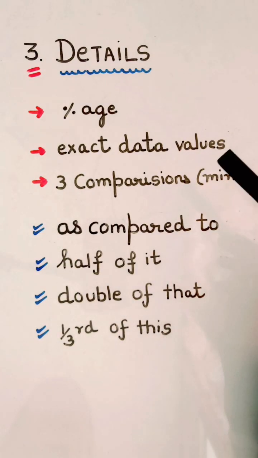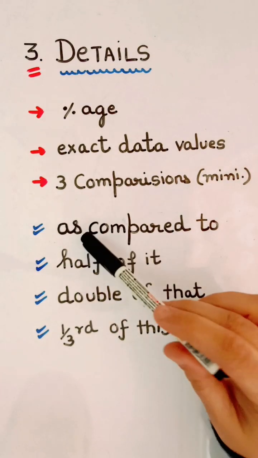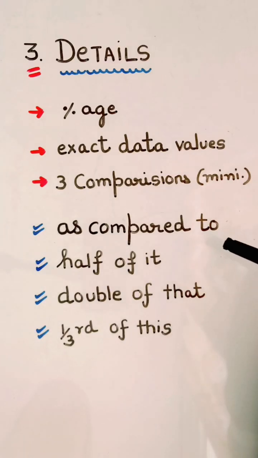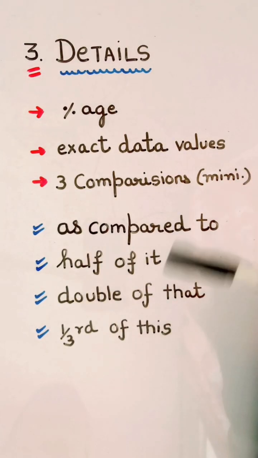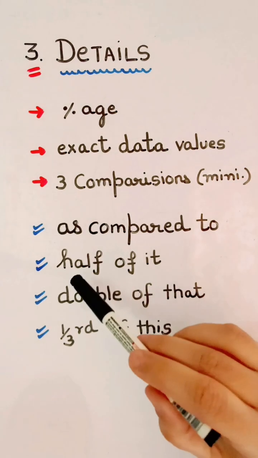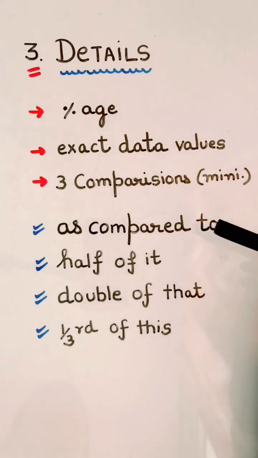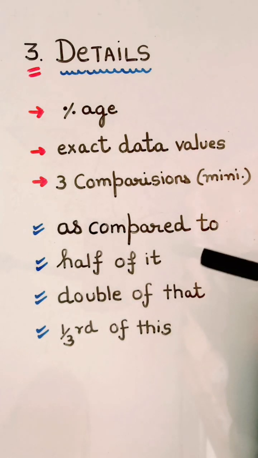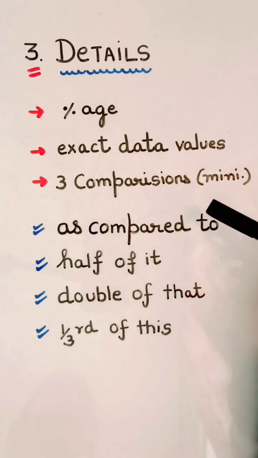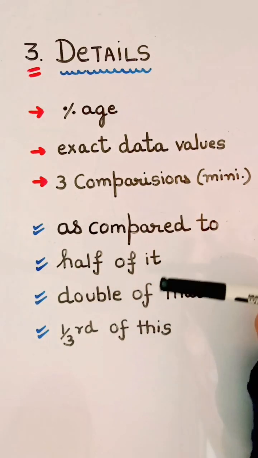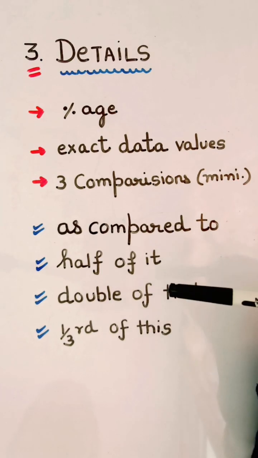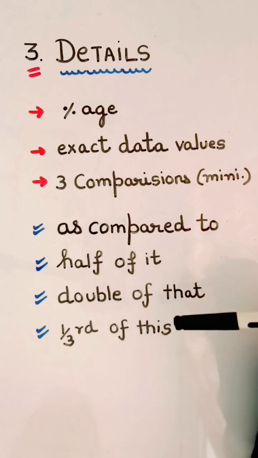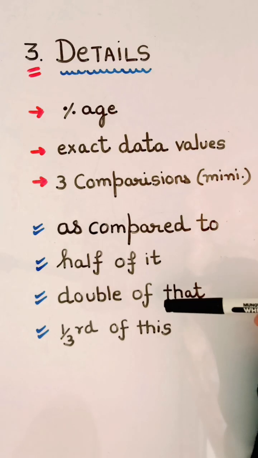So, to create variety, you can use as compared to. Okay, one thing is happening in this year as compared to something in the other year, and half of it, some value is half of it, double of that, one third of this. So such type of vocabulary creates a very good impact on the examiner and grabs maximum bands.